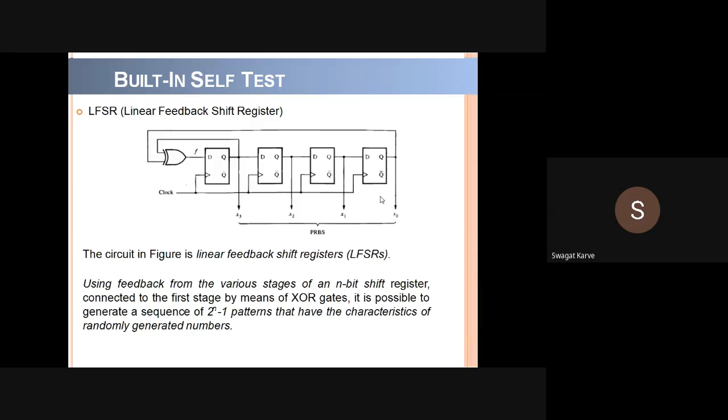And why is it linear? Already in our previous sessions I have explained this concept of linearity in digital circuits. Linearity in a digital circuit means, at any time, the XOR addition of any two outputs generated by this D flip-flop is also a valid output. If any digital circuit satisfies this property, it is known as a linear circuit.